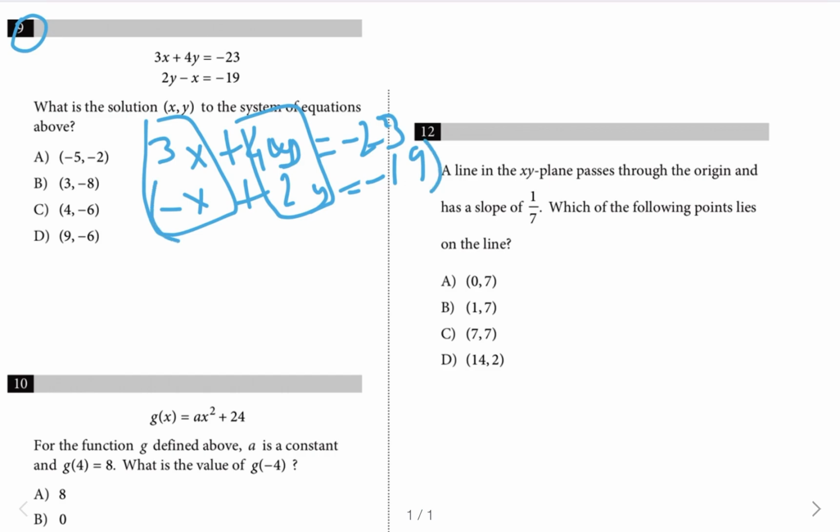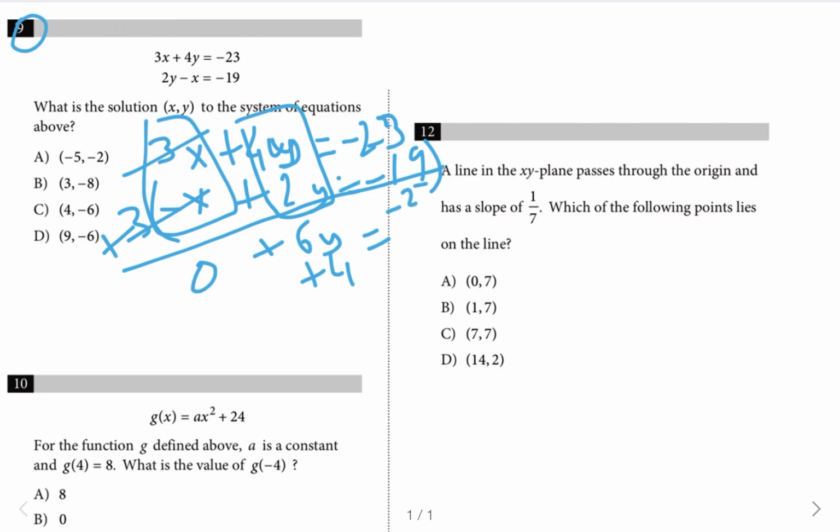Now we have to multiply everything by 3 on the bottom section so that I can cancel out this and this, because 3x plus negative 3x is equal to 0, plus 3 times 2y is equal to 6y, plus 4y is equal to negative 23 plus negative 57.